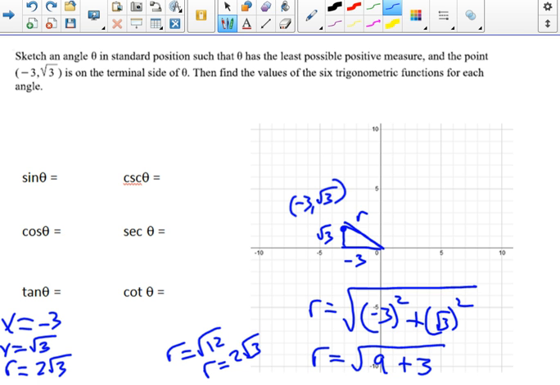And I go ahead and from memory, I try to put in all the different things. You should probably pause it and try them on your own real quick, but let's give it a shot here. Sine is going to be square root of 3 over 2 square root of 3, which is just a half. Cosine is going to be negative 3 over 2 square root of 3.